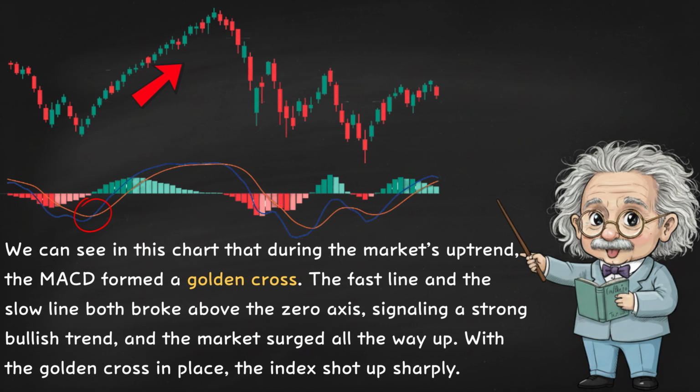Let's do a practical example. We can see in this chart that during the market's uptrend, the MACD formed a golden cross. The fast line and the slow line both broke above the 0 axis, signaling a strong bullish trend, and the market surged all the way up. With the golden cross in place, the index shot up sharply.